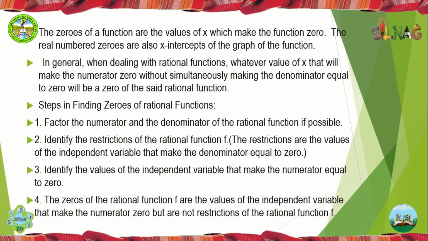Number 3. Identify the values of the independent variable that make the numerator equal to 0. Number 4. The zeros of the rational function f are the values of the independent variable that make the numerator 0 but are not restrictions of the rational function f.